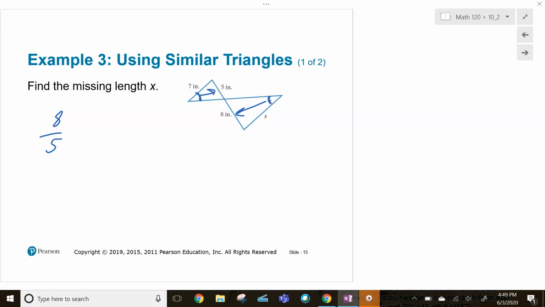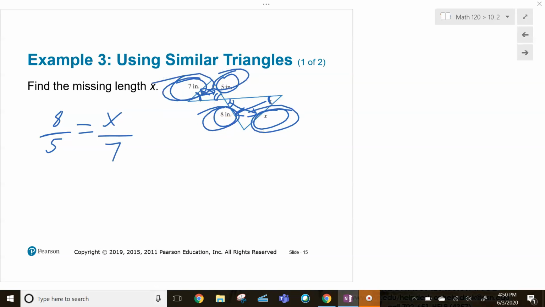So 8 is to 5 as, now the other one they don't show here is the vertical angles. So the side opposite the vertical angles, that's the 7. So 7 corresponds to the x, right? But now I went 8 is to 5, so I got to go with the larger, x is to 7. 8 is to 5 as x is to 7.